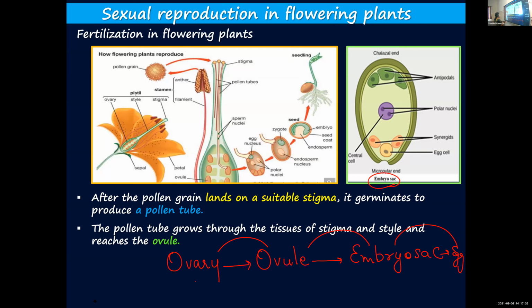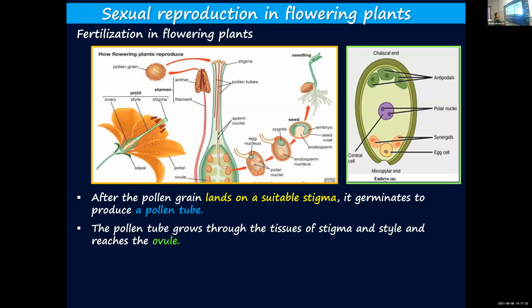But inside this embryo sac, not only the egg cell is present, there are so many other cells. So here, this is the embryo sac present inside the ovule. This is the egg cell. But apart from that, you can see so many other cells: 2 polar nuclei in the center, 2 synergids on either side of the egg cell, and 3 antipodal cells on the other end.